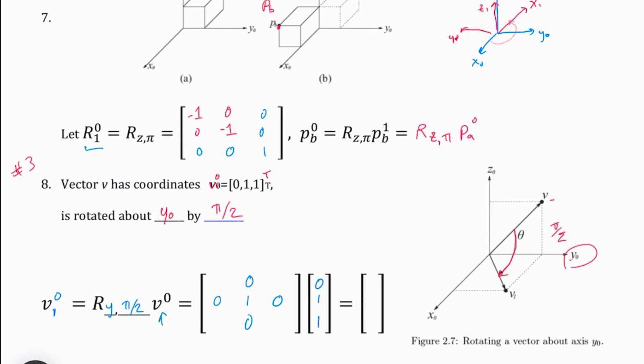This z1 is now going to be pointing in this direction. My x, this direction. So my x is now going to be in my negative z, and my z is in my positive x. And so now I can take multiplying this by this. I get a 1, and a 0 as my output. And there's my answer.